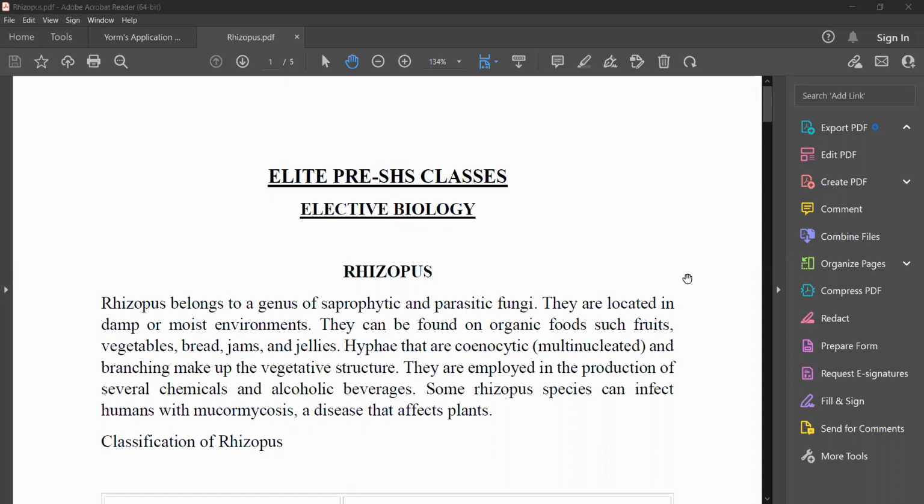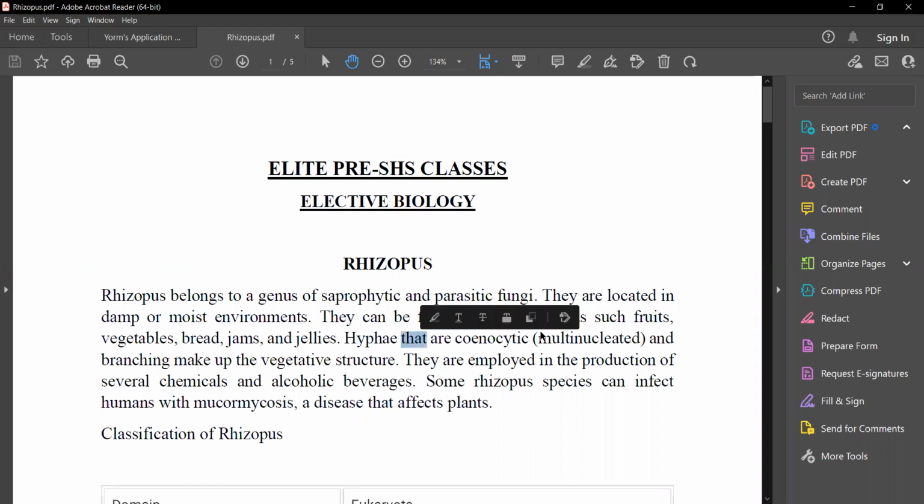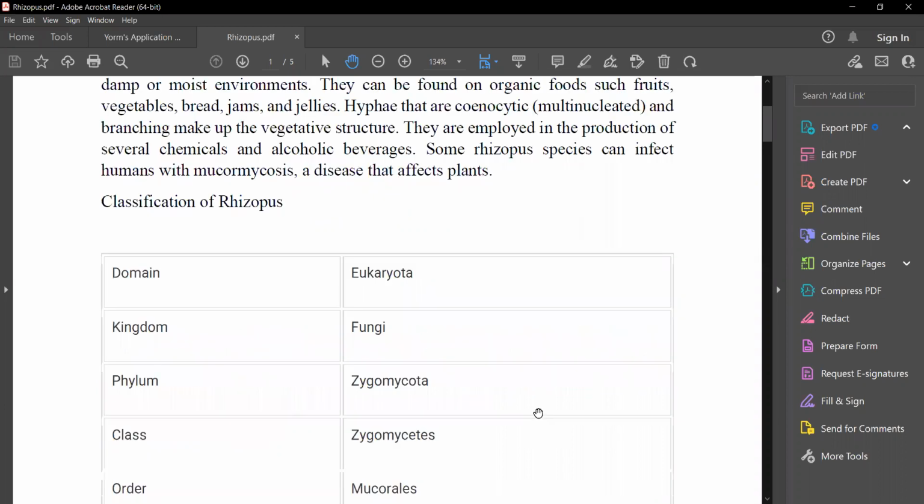Do we get it? And then the body is highly branched, right? It's highly branched, and that's what helps it form the fluffy mass, which we call the mycelium. Please, I hope you are okay. Yes. Okay. Some of the Rhizopus species can infect humans with some forms of disease.